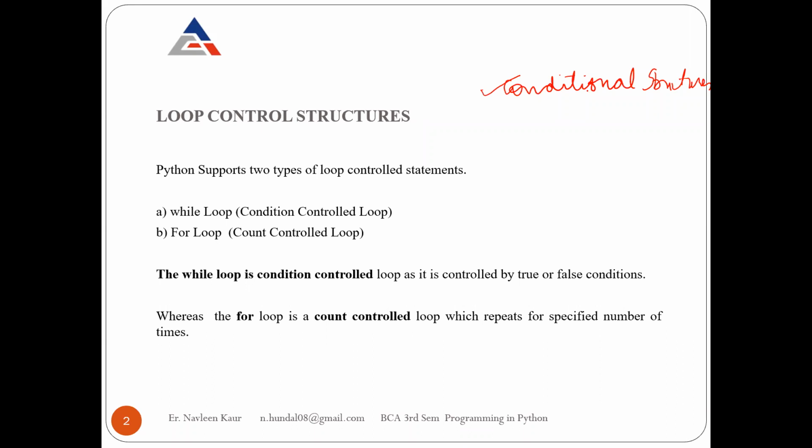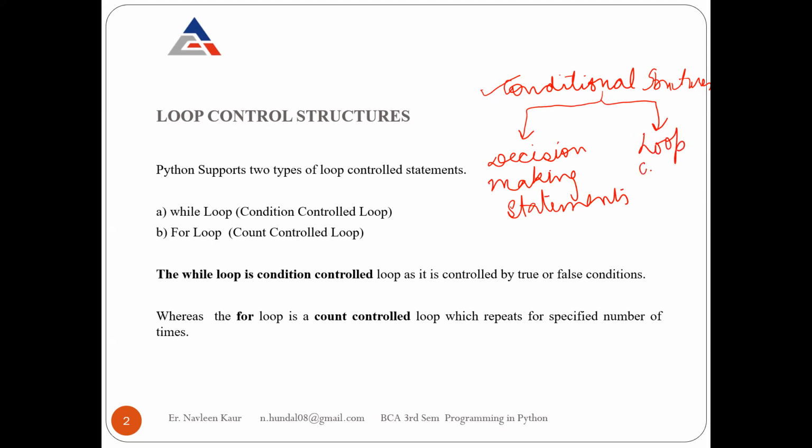There are two types of conditional structures. The very first one is decision making structures or decision making statements that help us to make decisions. The other one is loop control structures.